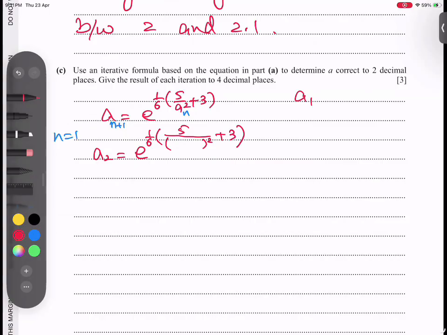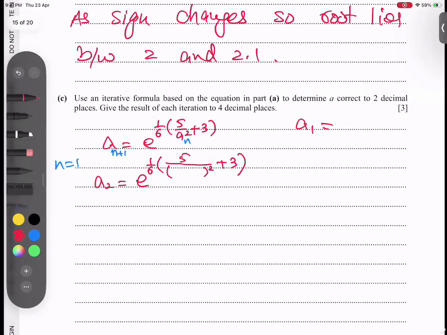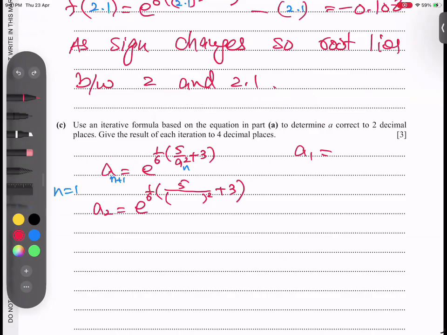Okay, so students, what to do onwards? What is the initial value? We take the average of these numbers. So 2 plus 2.1 divided by 2 is 2.05. And this initial value, I'm going to plug in here. So 5 divided by, okay, I use it here.